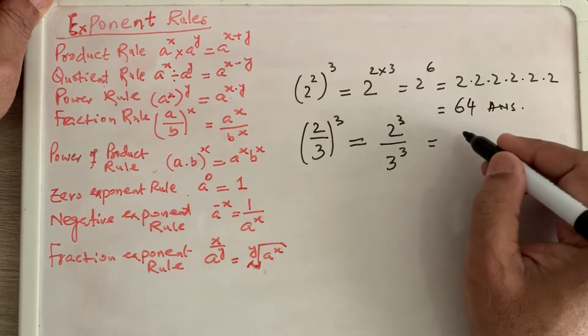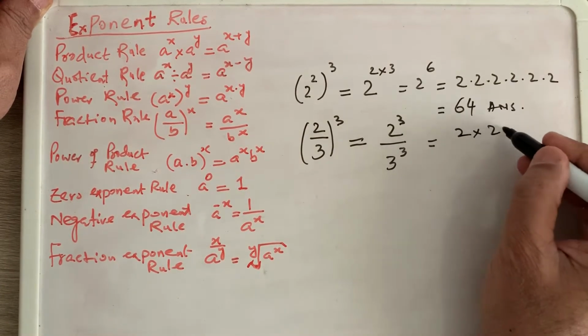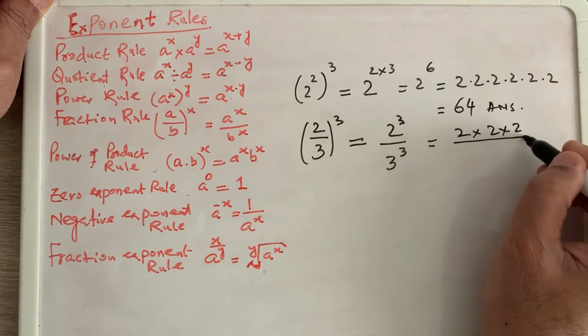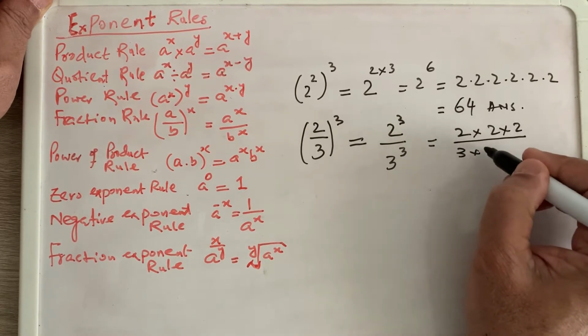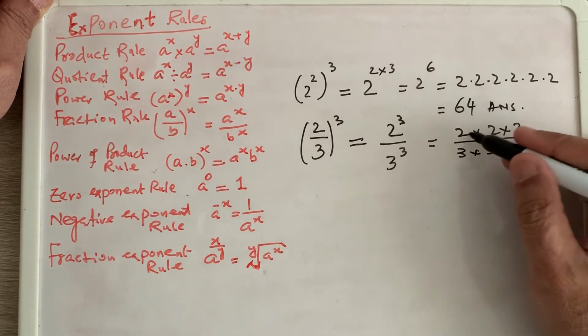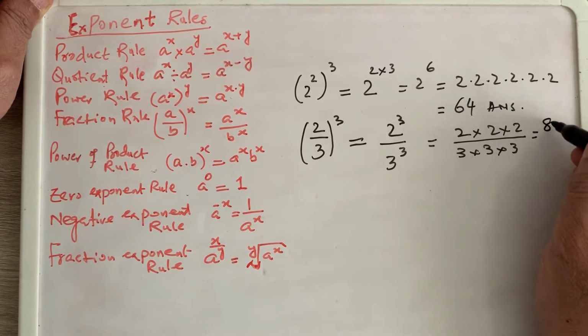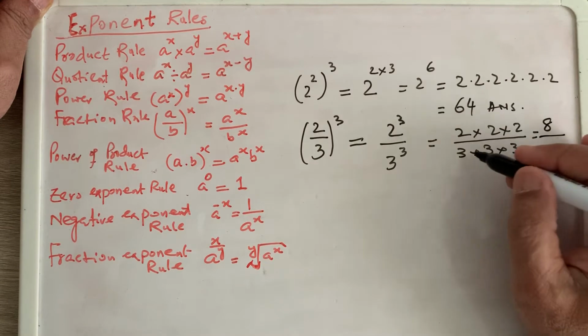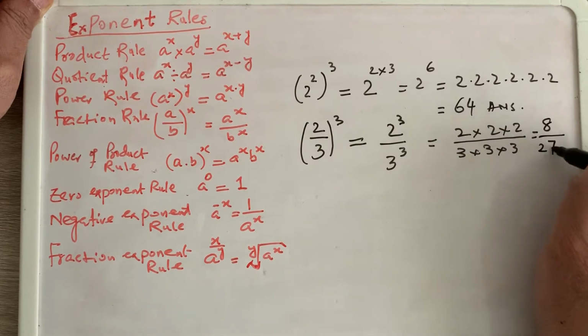So that means 2 to the power 3 in the numerator and 3 to the power 3 in the denominator. 2 times 2 is 4, times 2 is 8, and 3 times 3 is 9, 9 times 3 is 27. And your answer is 8 over 27.